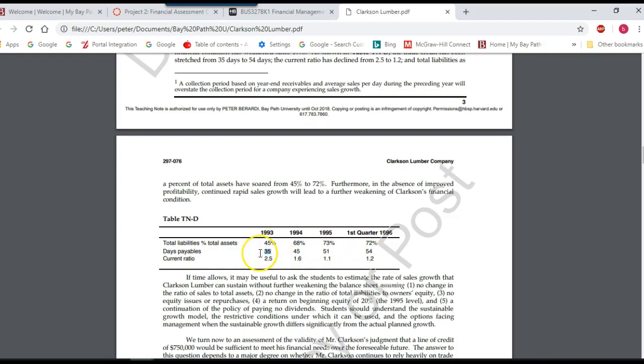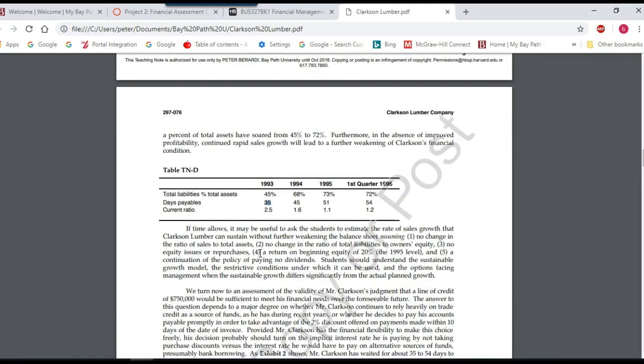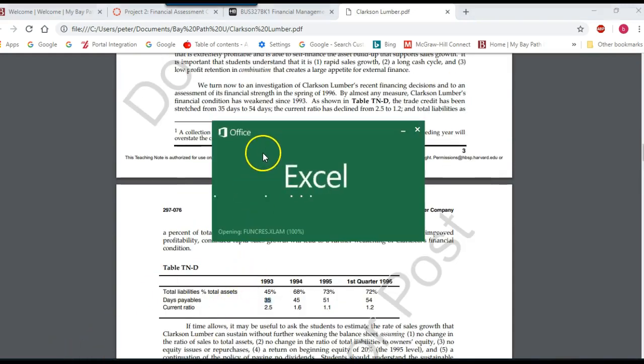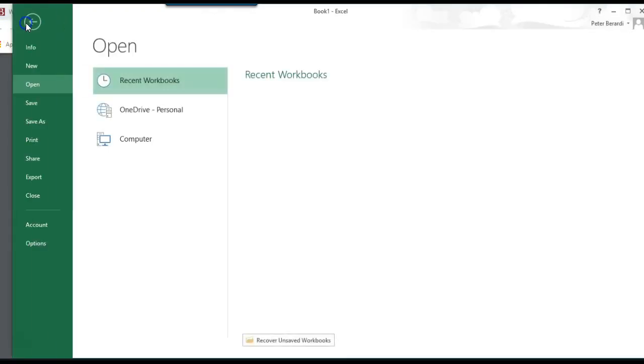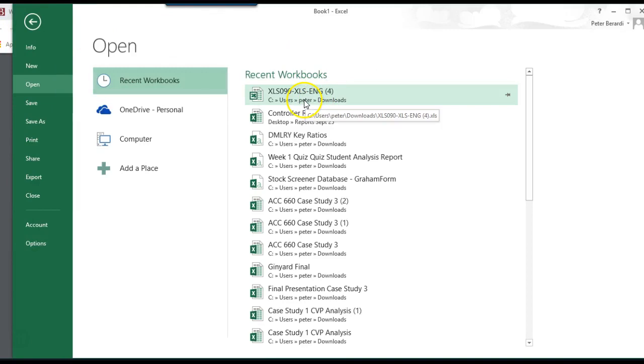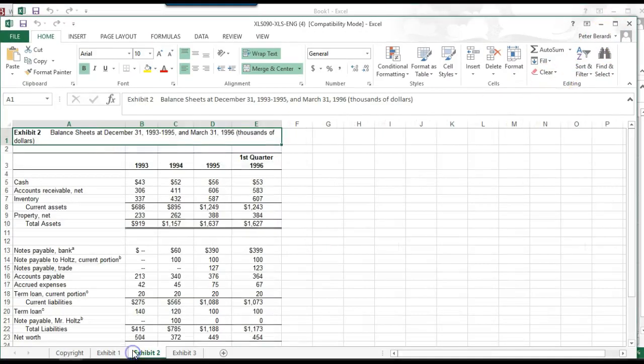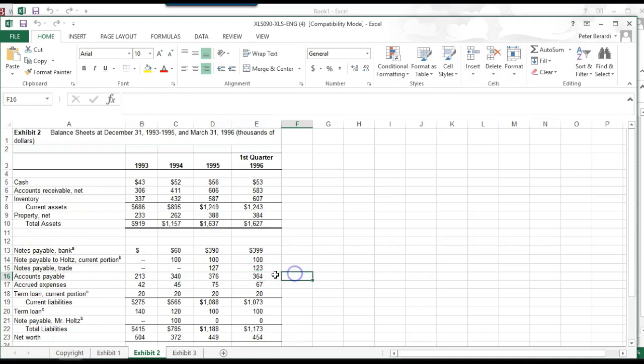To get back to 35 days, I'm going to have to reduce my payable balance. This accounts payable might have to come down less than the percent of net sales.